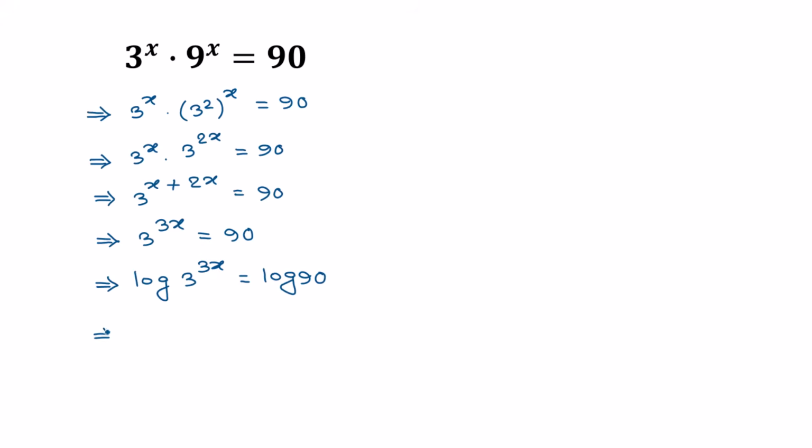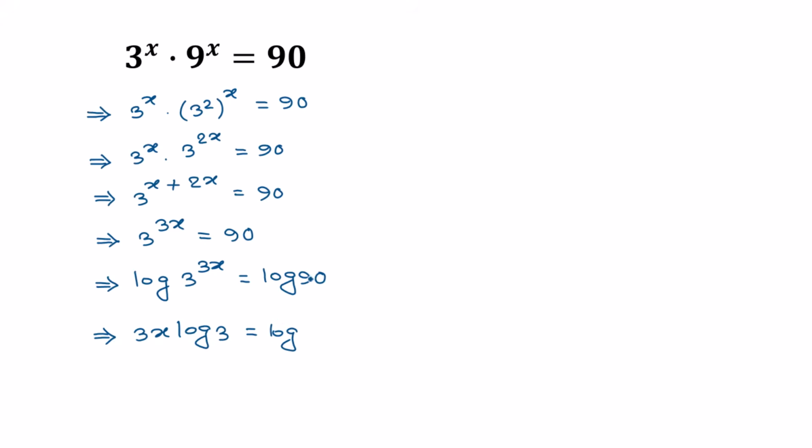Applying the logarithm formula, log a to the power b is equal to b times log of a, we can write 3x times log of 3 is equal to log of 90.